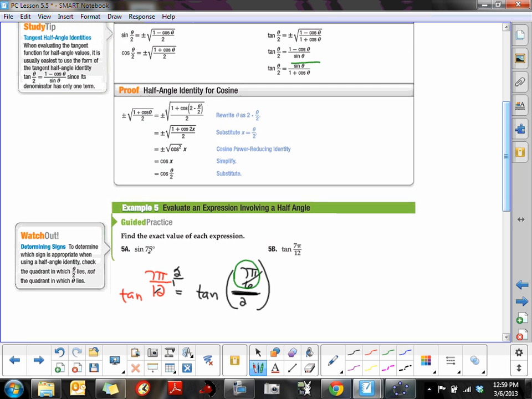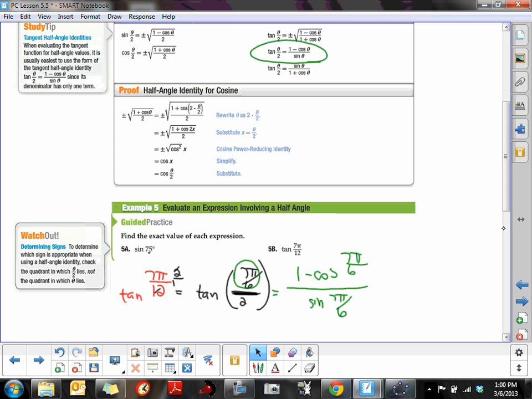Of the 3 different forms, we can use any one of the forms. I'm going to choose the middle form because it doesn't have any radicals involved, and the denominator is just the sine of theta. So it's 1 minus the cosine of 7 pi 6 over the sine of 7 pi 6.